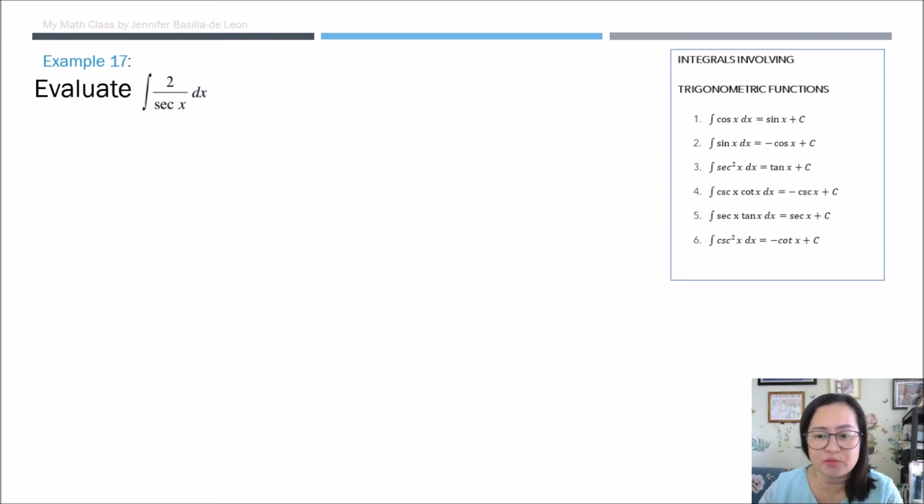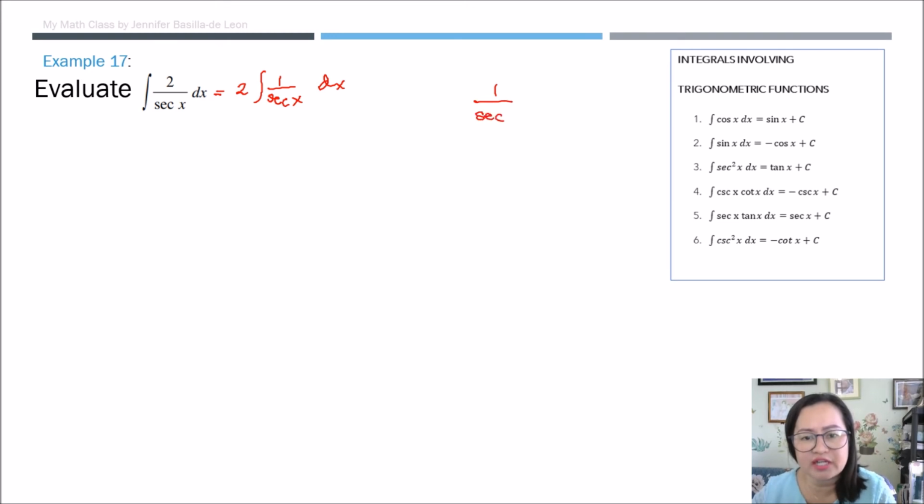Number 17, we are asked to evaluate the antiderivative of 2 over secant x dx. As you can see in the list of rules, we cannot use any rule directly in order to evaluate this expression. However, we can rewrite this as 2 times the antiderivative of 1 over secant x dx. Now remember that 1 over secant x is just the same as cosine x.